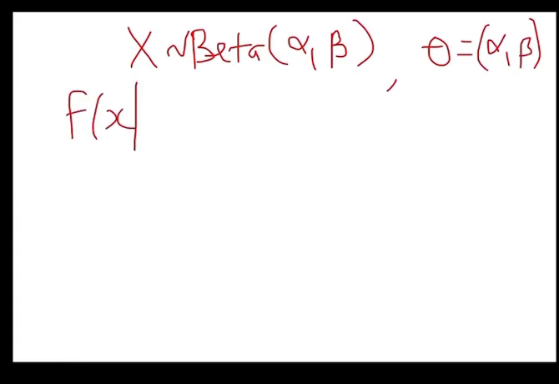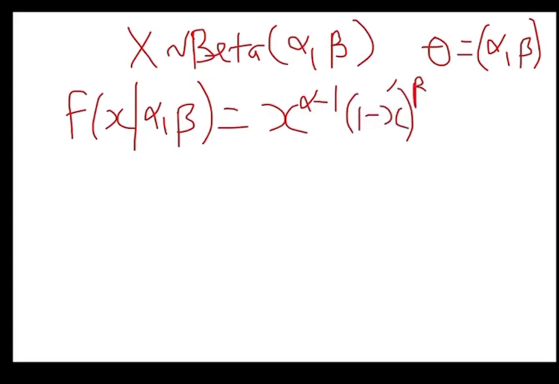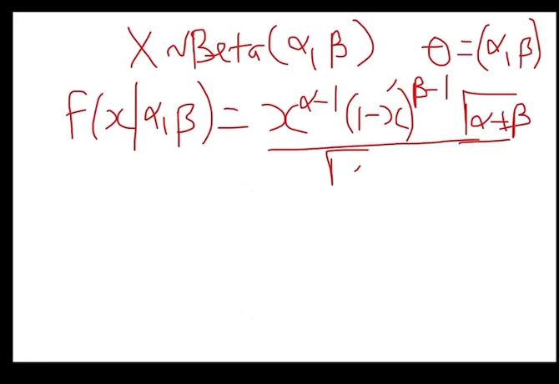The f of x given alpha and beta is x raised to power alpha minus 1, times 1 minus x raised to power beta minus 1, multiplied by gamma of alpha plus beta, divided by gamma alpha times gamma beta. The support of x is 0 to 1, and alpha is positive and beta is positive as well.